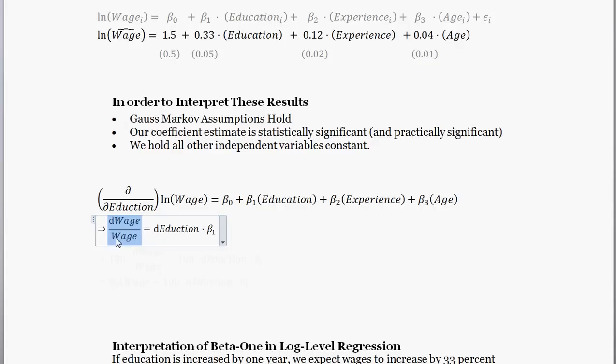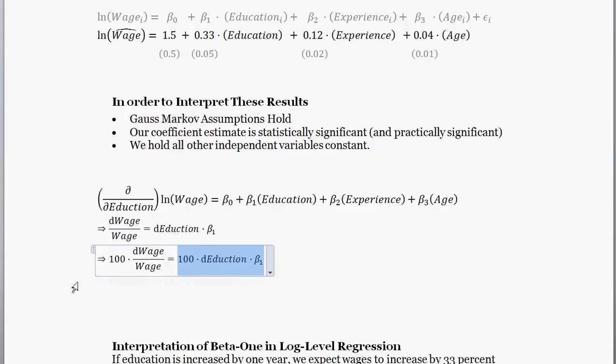That's a useful statistic, so let's multiply both sides by 100. We get 100 times d wage over wage, which is the percent change in wage, equal to 100 times the change in education times beta 1.